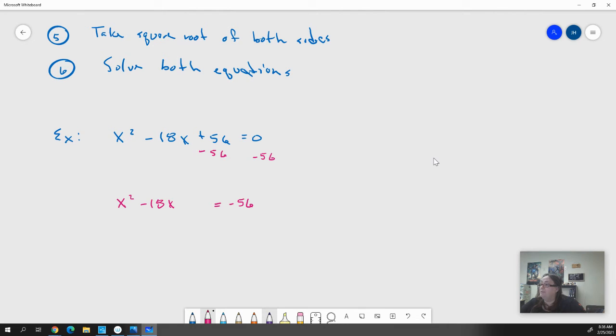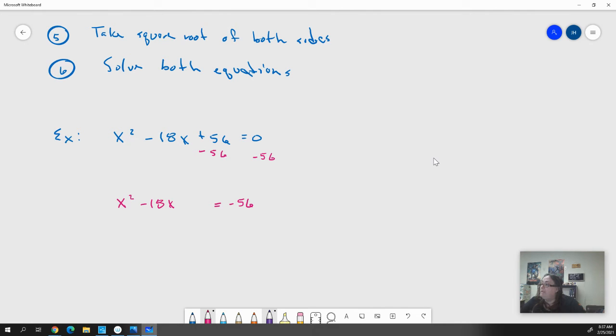I'm going to add something to it. The next step says to divide both sides by a if necessary, but our a term is just 1, so we don't need to do that in this case, because if I divided everything by 1, it would stay exactly the same. The next step says complete the square by taking half of b.